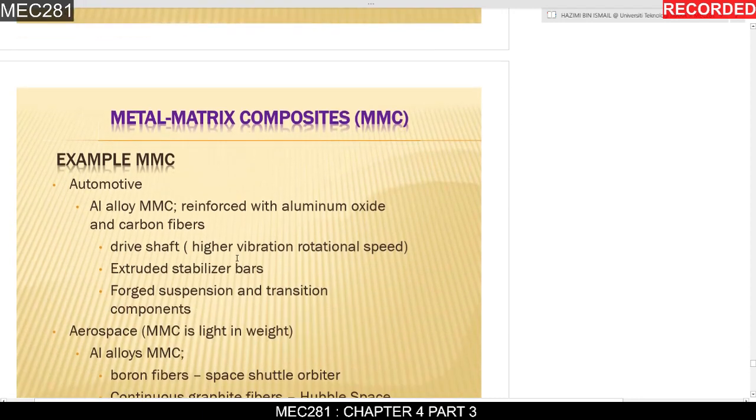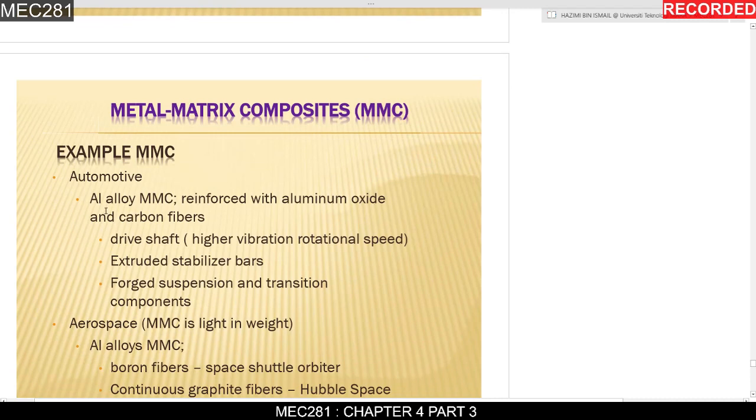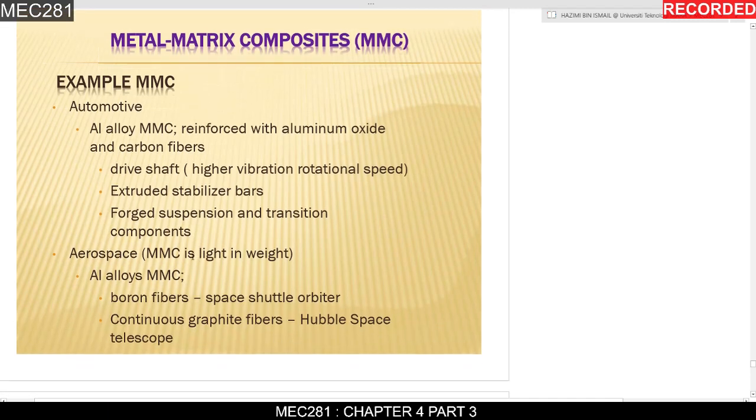Okay, so example of MMC we can find in the automotive, aluminium oxide or carbon fiber. Pernah dengar kan selalu carbon fiber kan? Kita guna dalam kereta-kereta yang supercar, hypercar tu sebab nak gantikan aluminium ataupun besi, sebab carbon fiber lagi ringan, lagi kuat. But for sure dia lagi mahal lah.